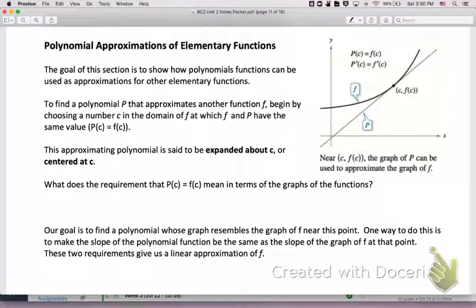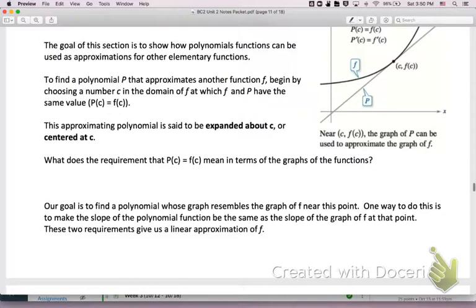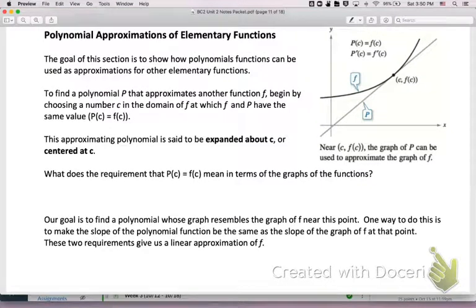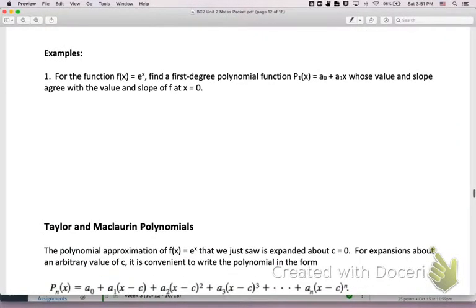Well, what if we could create a polynomial that was a little bit better approximation? Instead of looking at a line, maybe I want to pick something that's more curved. Maybe instead of something that's curved like a parabola, I want to do something that moves around a little bit more like a cubic. And so we can do a linear approximation by making sure that both the value of the function is the same and the value of the slope is the same. That's the first thing that we're going to look at.